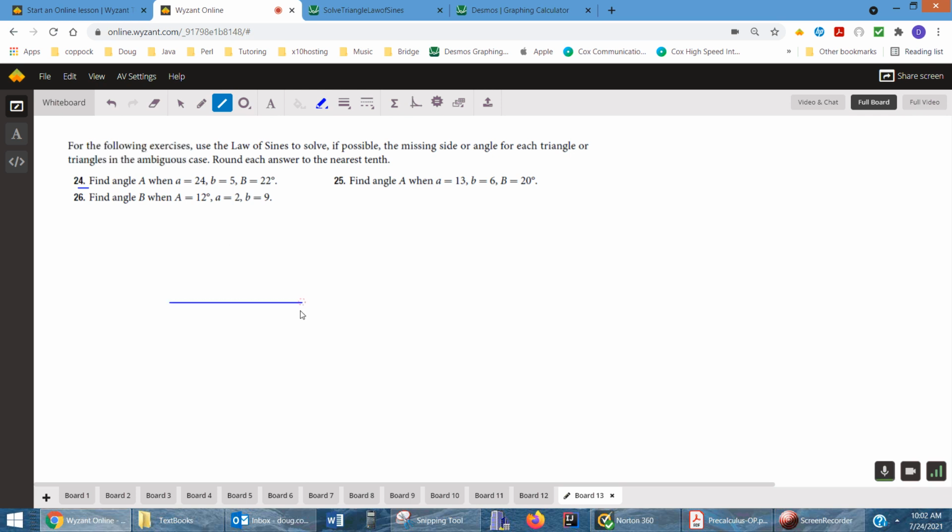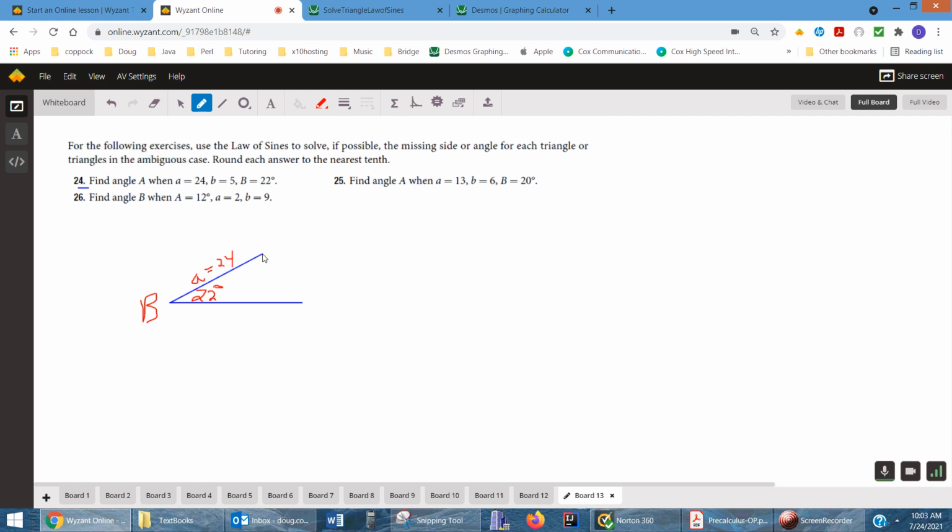So I'm going to draw this side. I'm going to draw something that looks like a 22-degree angle. I'm going to label the fixed side. This is angle B. I'm going to say that this is side a is 24.